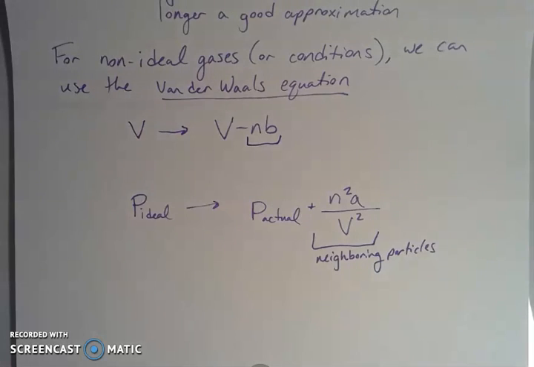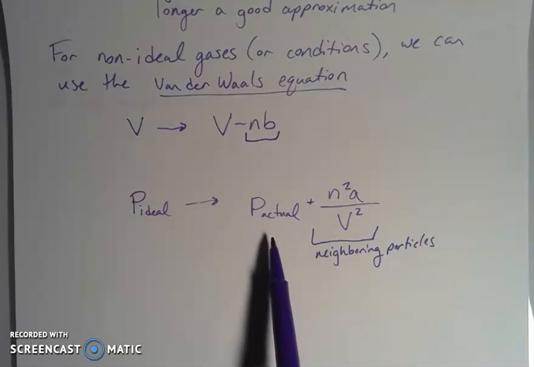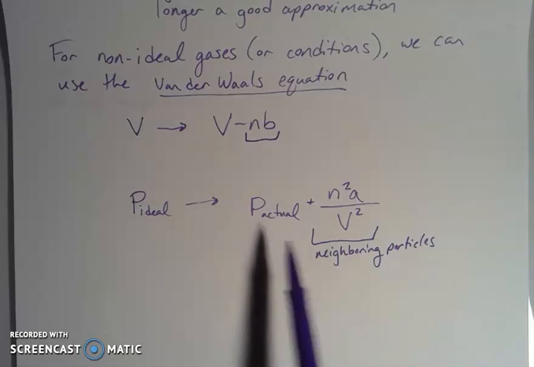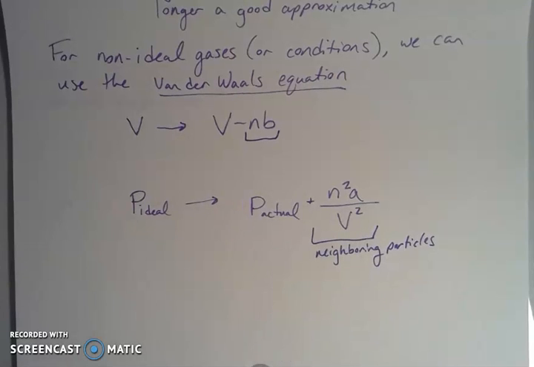So the greater the number of moles, the more that this is going to impact the actual pressure here, or the smaller the container, the more it's going to impact the pressure, because we're going to have a greater amount of particles there.